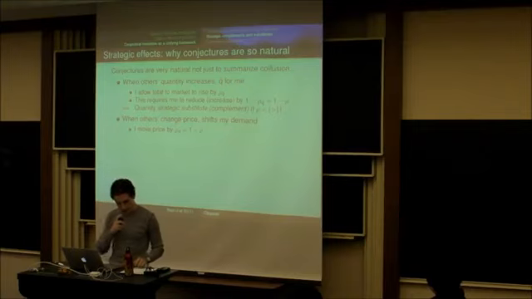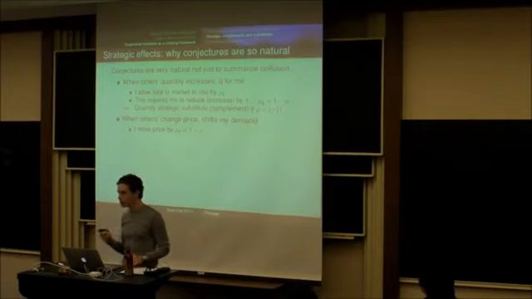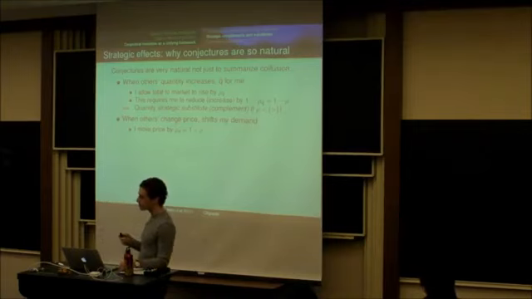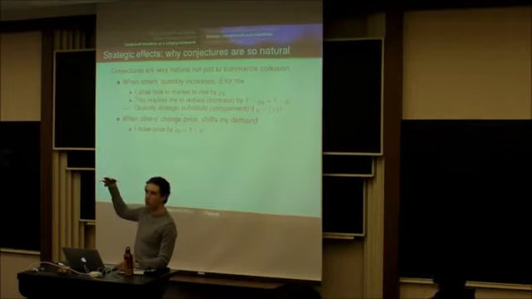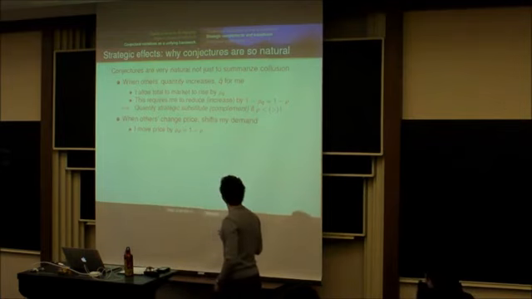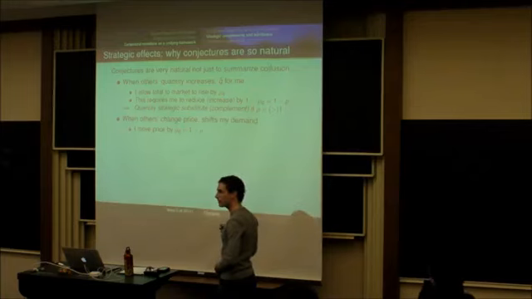And when other firms change their prices, if another firm, say, reduces its price, that's going to shift the demand for my product, right? If they reduce their price, the demand for my product will increase, right? And that will lead me to move my price by 1 minus my pass-through rate, right?